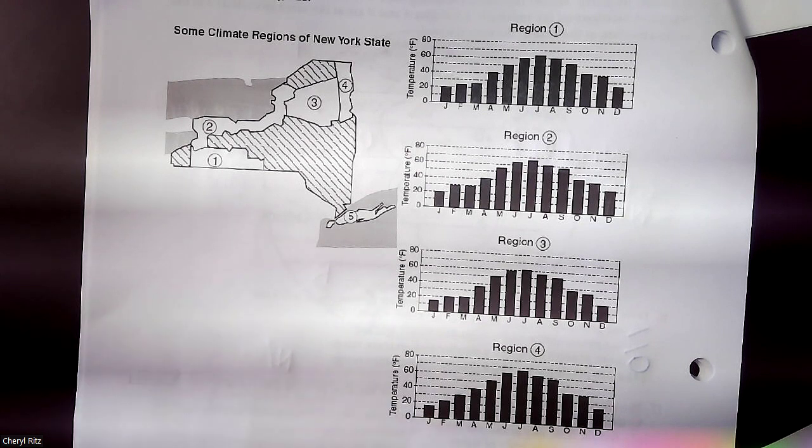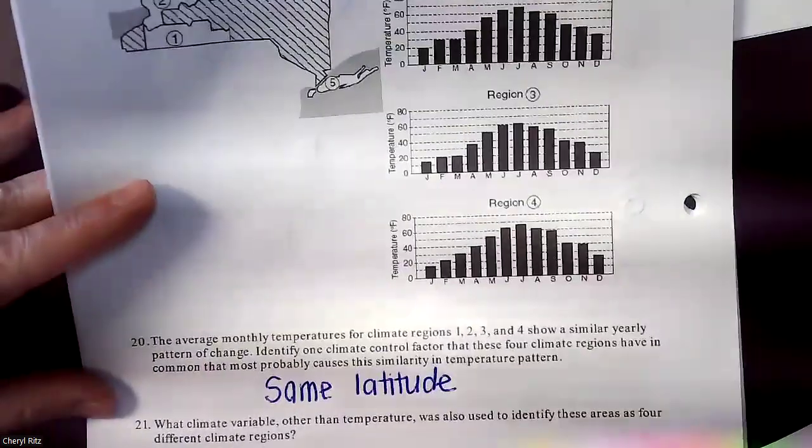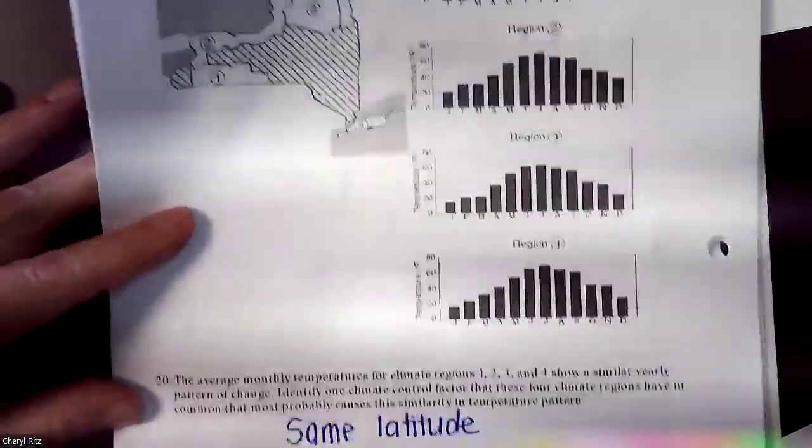What'd you put, Remy, for number 21? Like a variable, like what? Like a large body of water. Yeah, perfect. So you're not wrong. You probably would have had to elaborate.